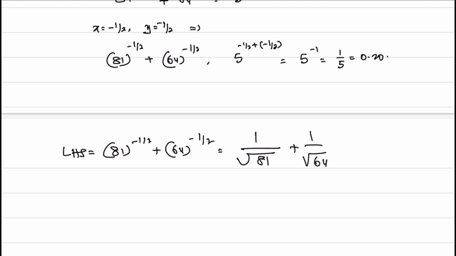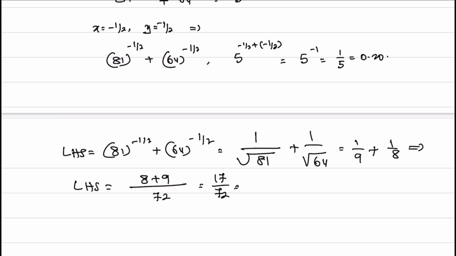Square root of 81 will be 9, so 1 by 9, and for 64 it will be 1 by 8. That means left hand side is equal to 17 by 72.